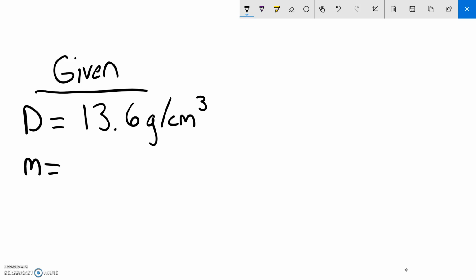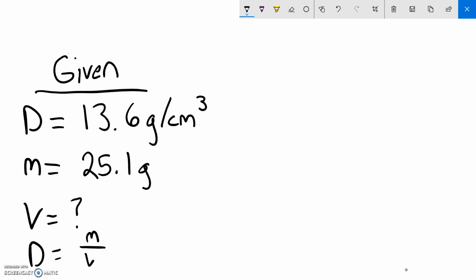We said that the mass, according to the problem, 25.1 grams. And in this particular problem, they want us to solve for volume. Now, when you think about this, we know that the equation for density is D equals M over V.